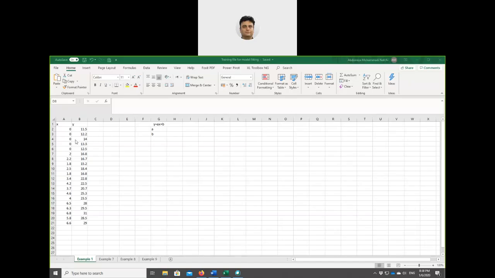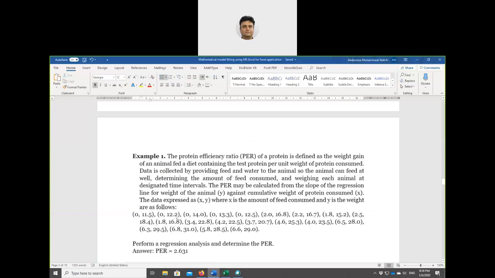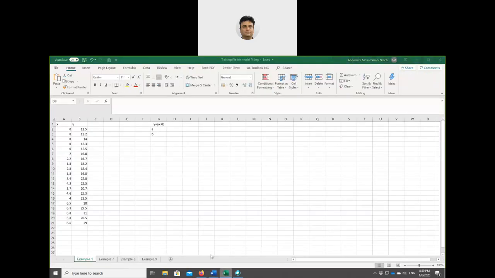So we want to plot this data. For plotting, each data point should become x and y. This is coming from the Word file. I have translated it here.